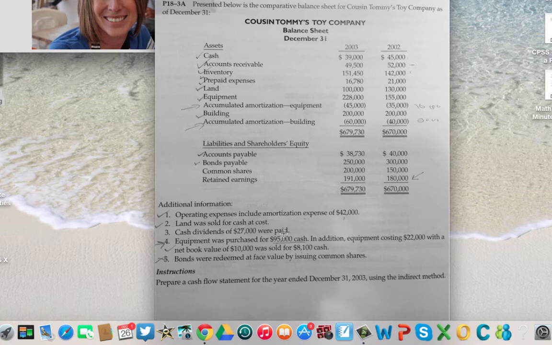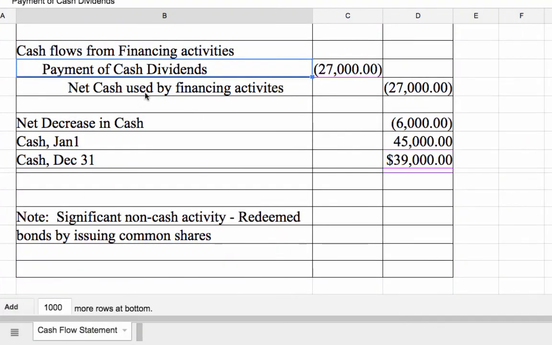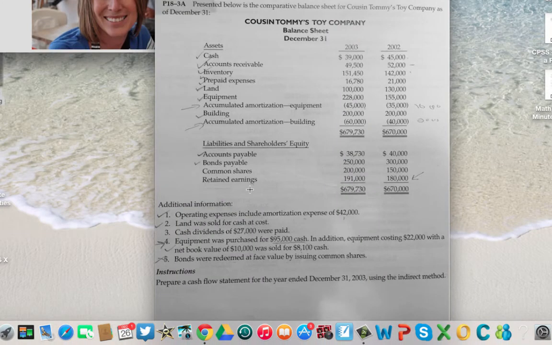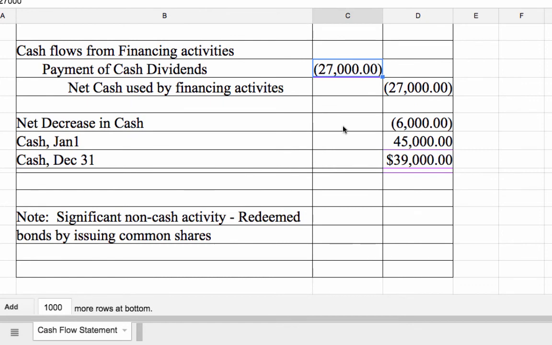So cash was going out for $27,000. So there we go. We're going to put our heading, cash flows from financing, payment of dividends, cash going out $27,000. And that's all, because if you look back, we've done all of our equity and long-term liability items from our balance sheet. So that's a negative $27,000, net cash used by financing activities.